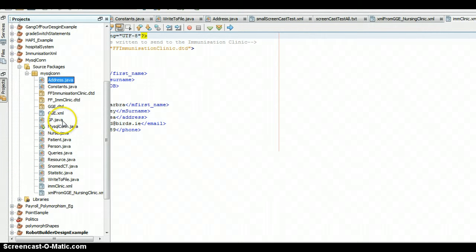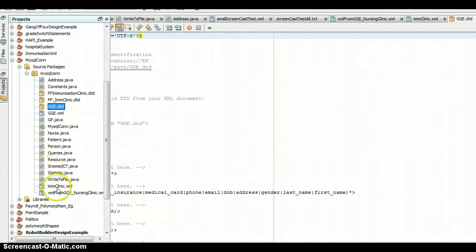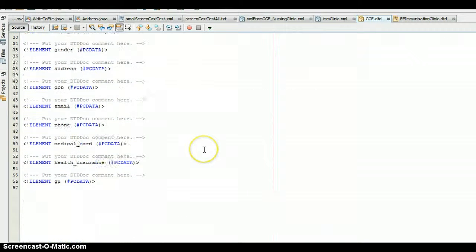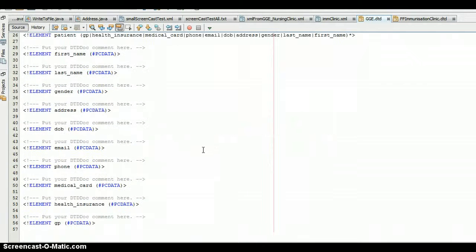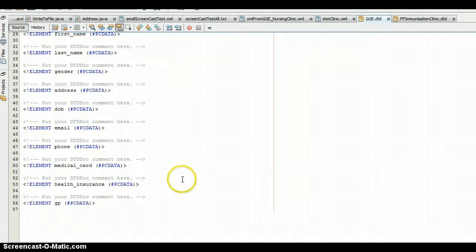Sorry, so this is the DTD for one group, and this is the DTD for another group. Both were very different, and both need to query different tables just to get similar information. It was just really demographics we were exchanging.